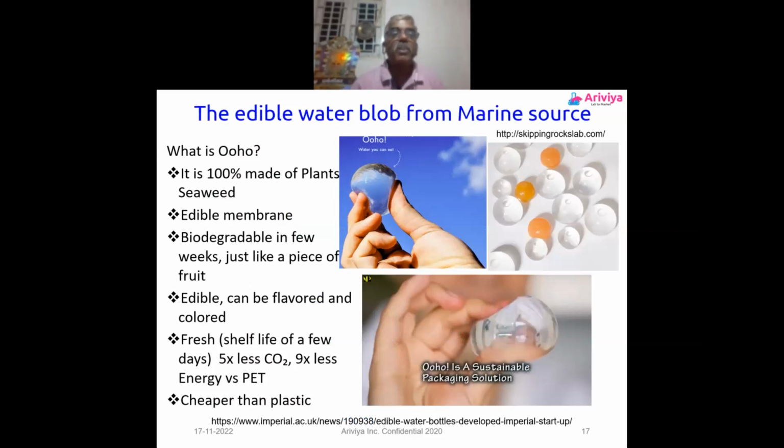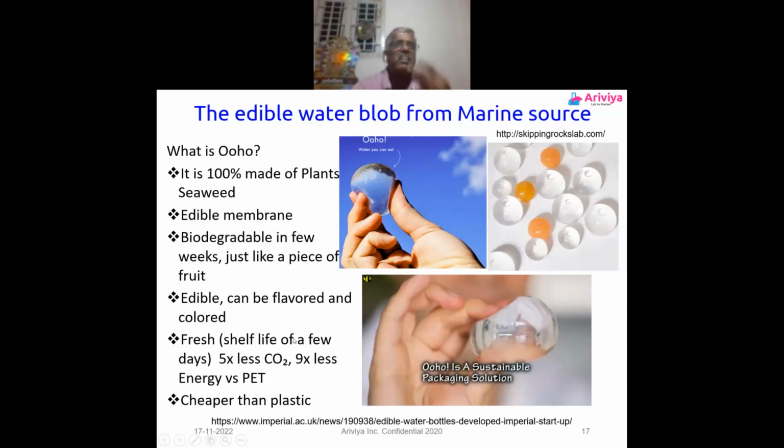This is one of the interesting innovative products, a startup product invented by Imperial College London. I think you might have heard about it. It was published a few years ago. They have taken an edible water blob from a marine source.